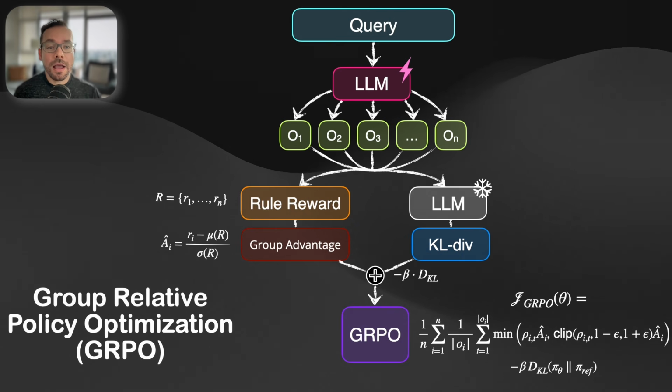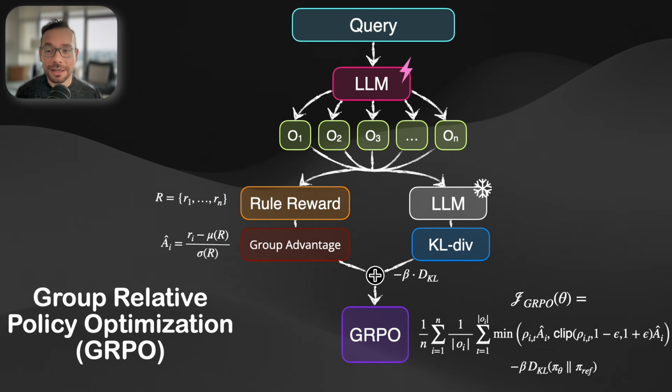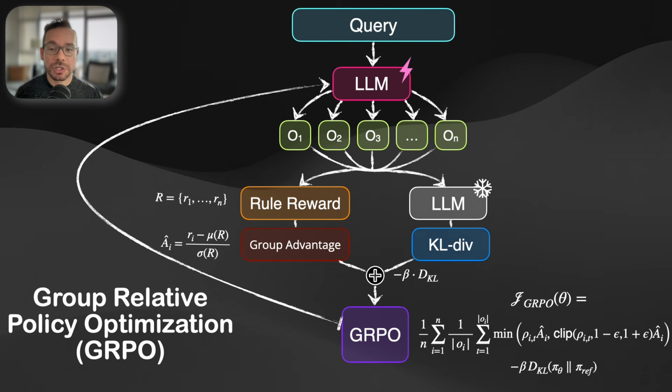And the min operator takes the conservative bound, so a single lucky batch can't destabilize our policy updates. Finally, we subtract the KL penalty against the reference model to prevent policy drift. Backpropagating this loss pushes policy gradients straight into our active model.